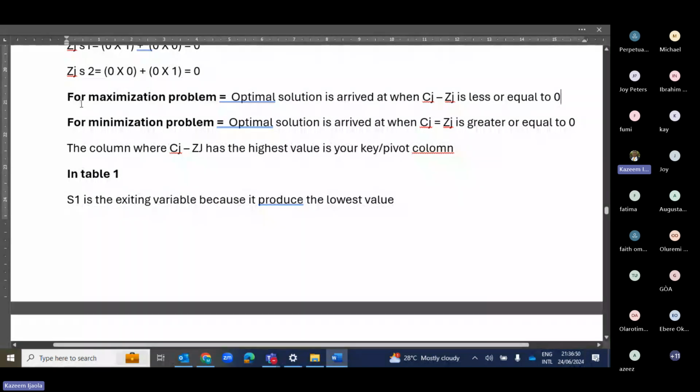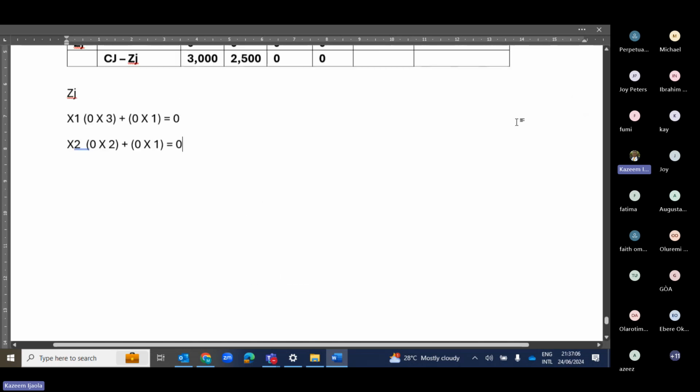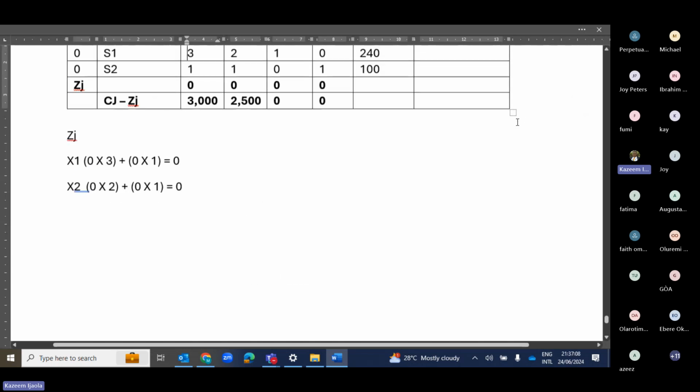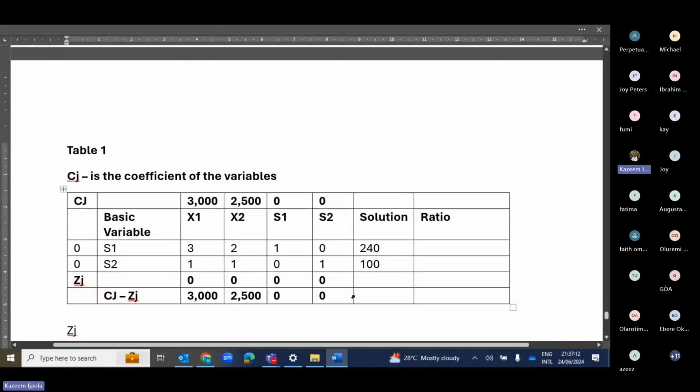For a maximization problem, the optimal solution is arrived at when Cj minus Zj is less than or equal to 0, that is, either negative or 0. Then for a minimization problem, the optimal solution is when your Cj minus Zj is greater than or equal to 0. So in this case, because our Cj minus Zj is positive, we have not reached optimization.